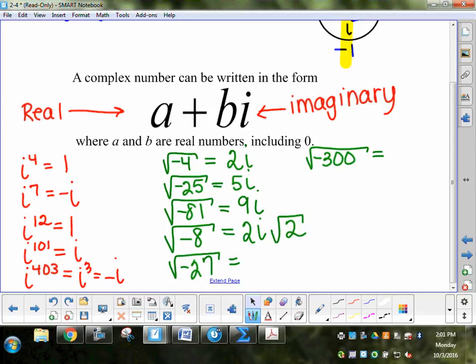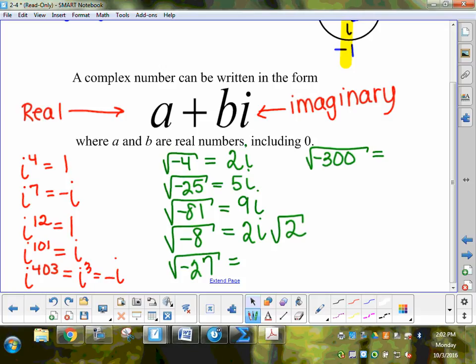Now, with that in mind, let's answer the next one, which is the square root of -27. Who can tell me what that's going to be?